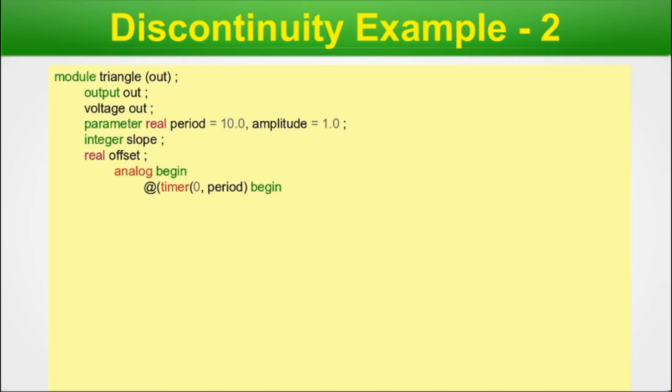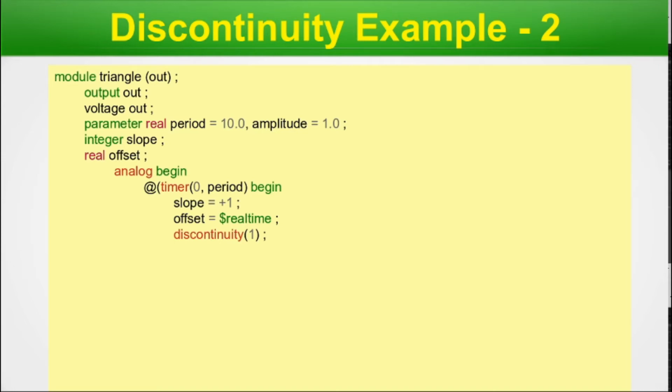Then we write timer event with the argument 0 and period, and start the timer block, and then we write the statement slope equal to +1. Then we set offset equal to real time. Real time is a system defined function, and in a previous episode we have discussed it.